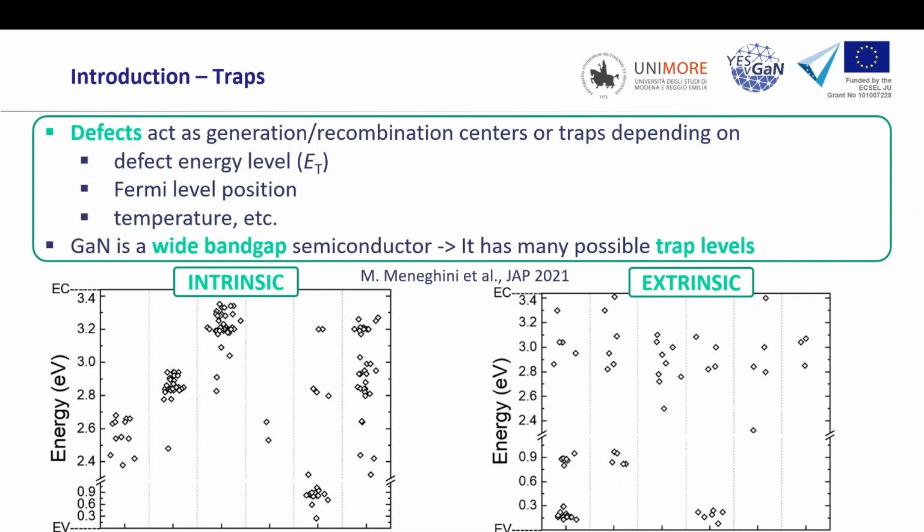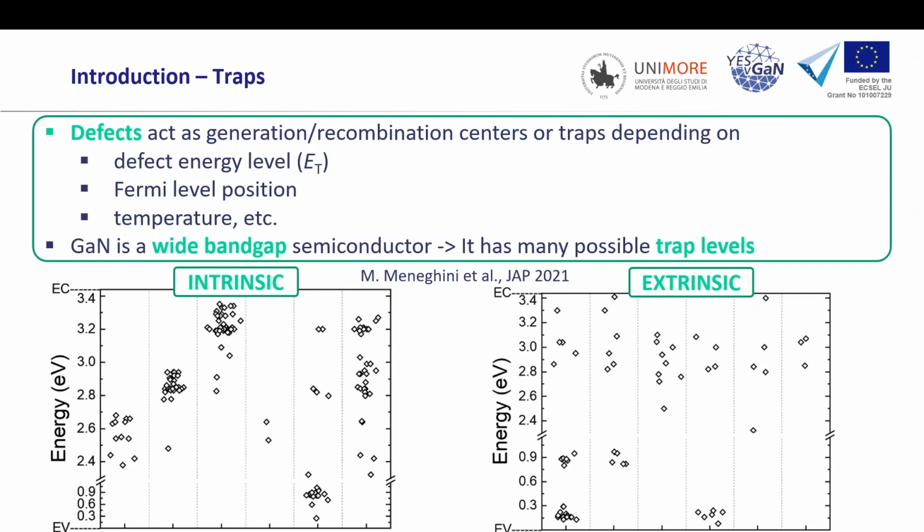And for the extrinsic traps, I mean impurities that are introduced during the epitaxial growth of the layers. Specifically, you also introduce either carbon or iron for reducing the conductivity of the buffer, as we heard in the presentation on Monday. Then magnesium is also widely used for realizing the p-type layers.